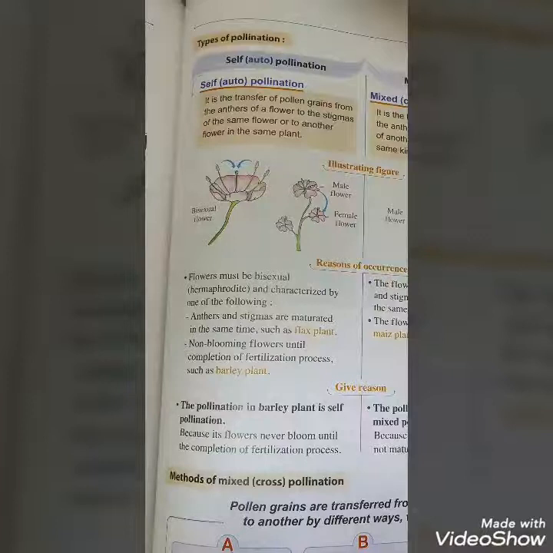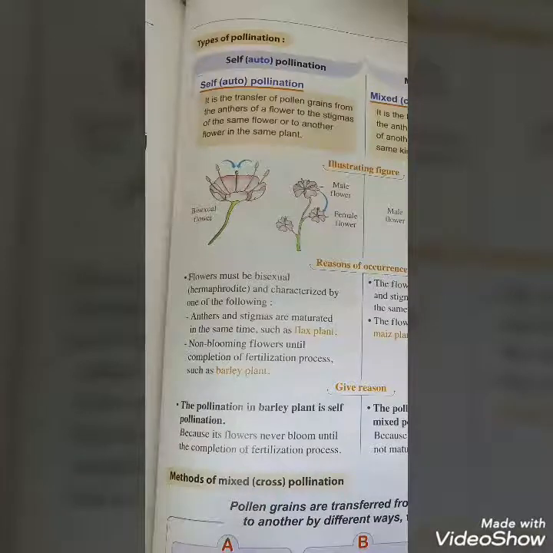As you see in the picture, the pollen grains transfer from the anther to the stigma of the same flower or to another flower but on the same plant. There are some conditions for self-pollination. For example, the flower must be bisexual or hermaphrodite.